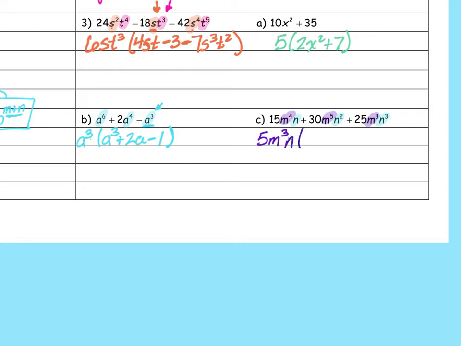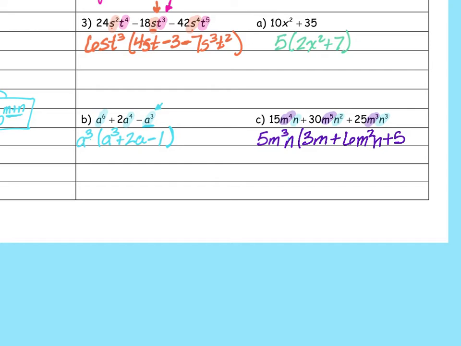So if I factor that out, 5 goes into 15 3 times, and I have m to the 4th divided by m to the 3rd, which is m, and n divided by n is 1, plus 30 divided by 5 is 6, and m to the 5th divided by m cubed is m squared, and n squared divided by n is n. 25 divided by 5 is 5.